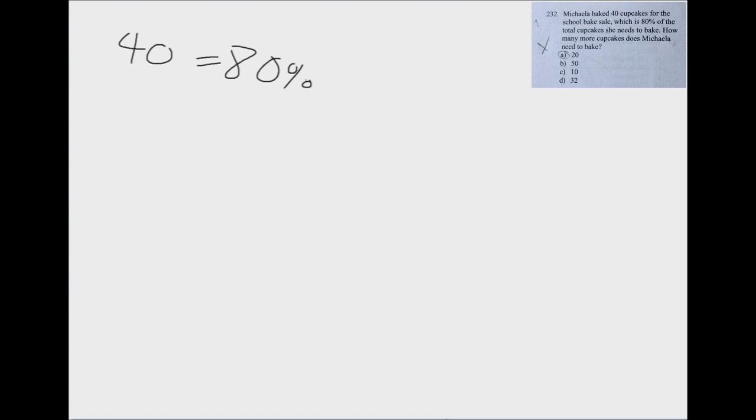But we want 100%. So we go back and forth. Easy here, divided by 4. We go back, we divide both sides by 4, which is 10 is 20%.